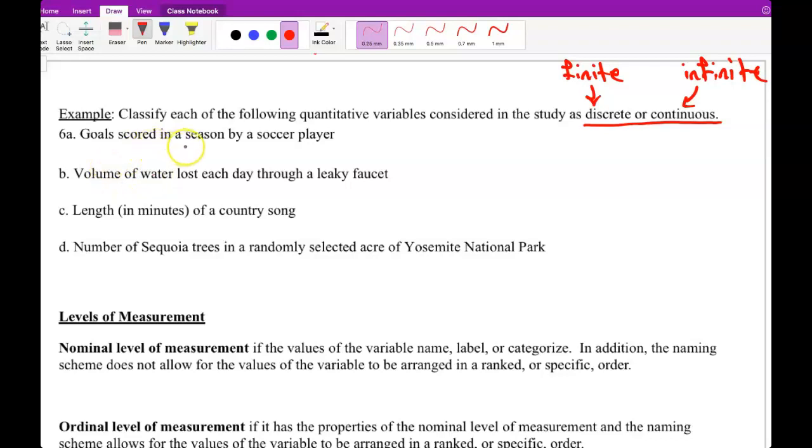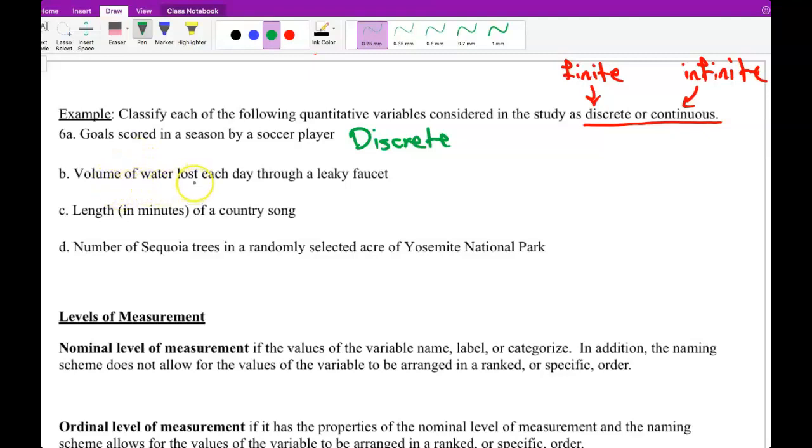Goals scored in a season by a soccer player. Their score may be like 2 or 3 or 4 or 5. So they have a specific number in there. That's why that is a finite number, and that's why here it is discrete. You cannot have infinite numbers for that one.